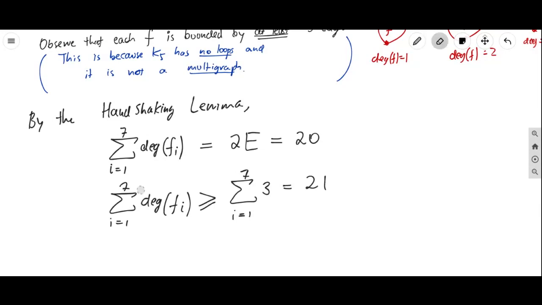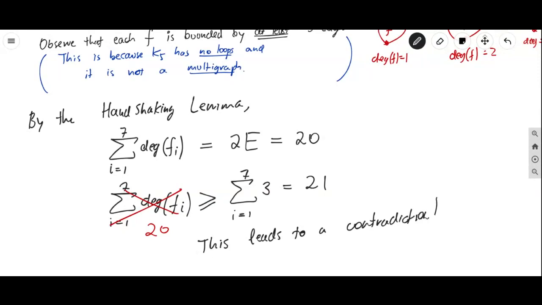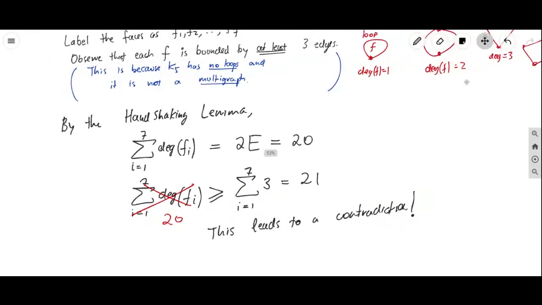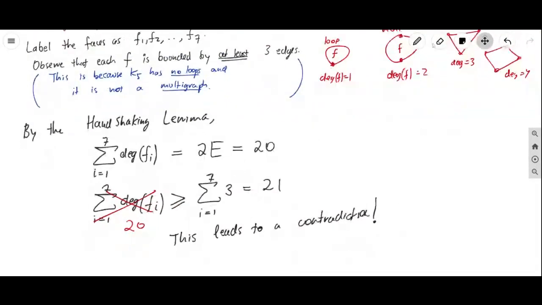And now we see the contradiction. The sum over all of these is 20. So we have 20 is greater than or equal to 21. This leads to a contradiction. And there you go, you have obtained a contradiction.